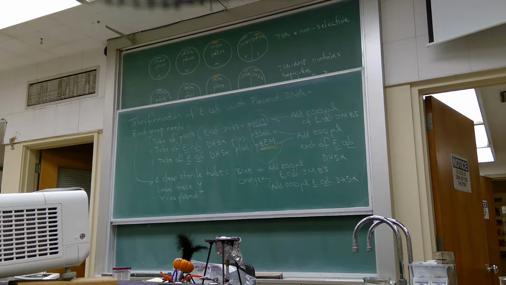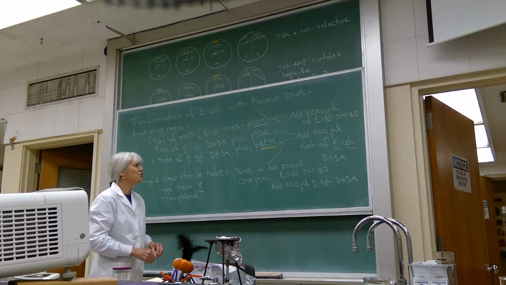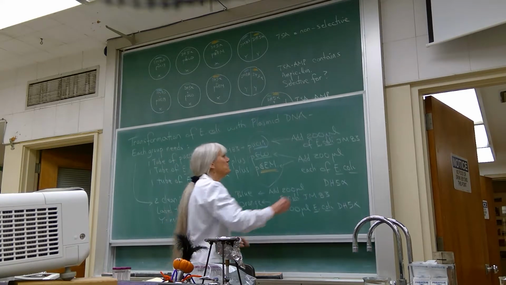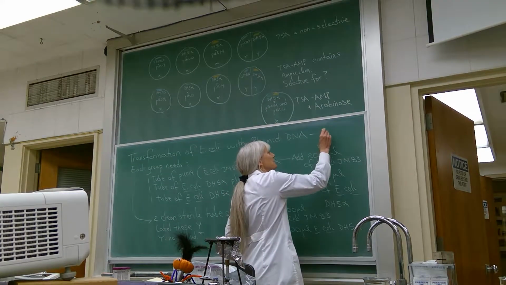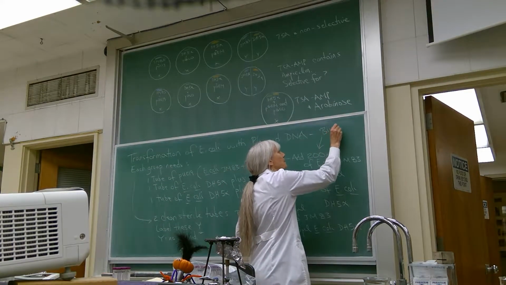So tables 1 and 2 will exchange E. coli competent cells. Likewise, tables 3 and 4 will exchange E. coli cells to make sure that everybody has both types of competent cells. If you're going to measure 200 microliters, what size pipette do you use? Blue one. So to do these measurements, you're using blue pipettes and tips.